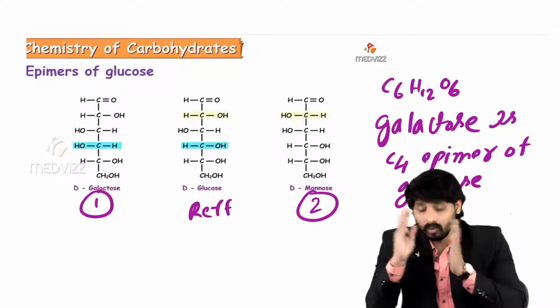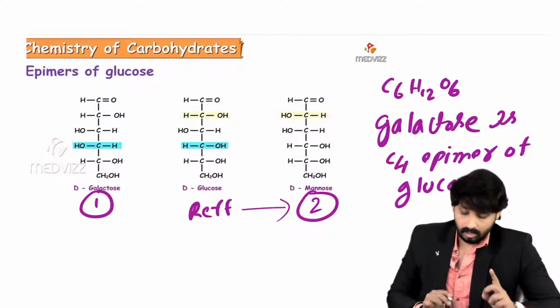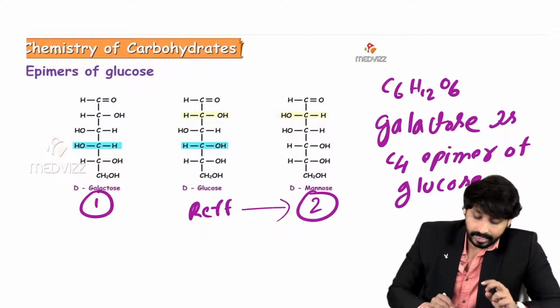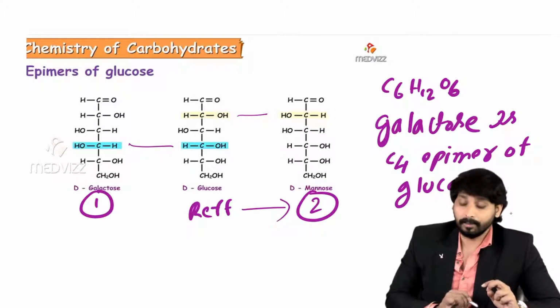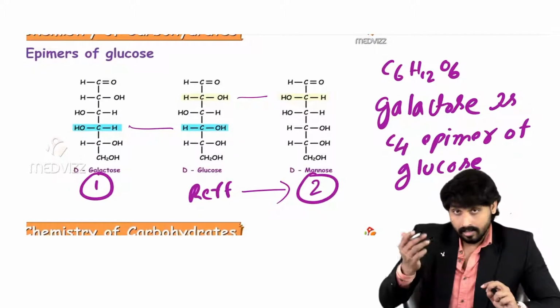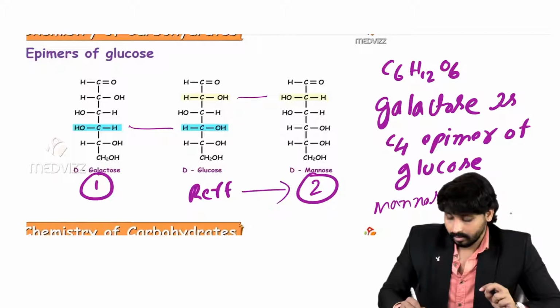So when you compare glucose and mannose, the difference exists in the 2nd carbon. That means you can say mannose is the C2 epimer of glucose.